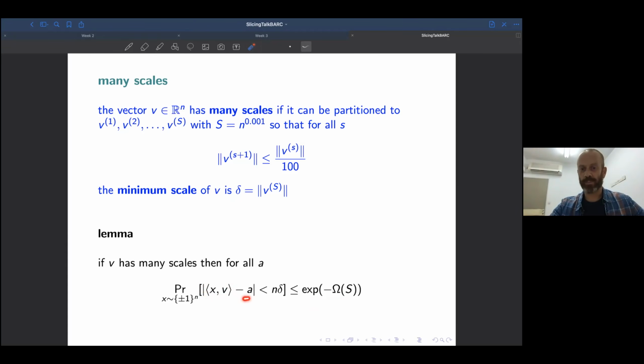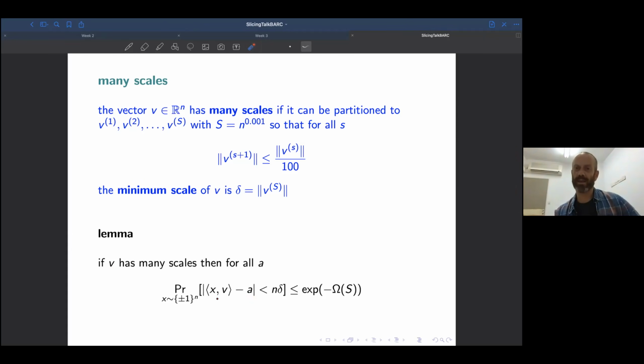Not only the probability to hit A is very small, also the probability to hit within n times the smallest scale of this vector is small. So we have no way to hit A or anything close to it. This is the summary of this, okay? So if there are many scales, there is no way to hit a single value or even something in its vicinity.